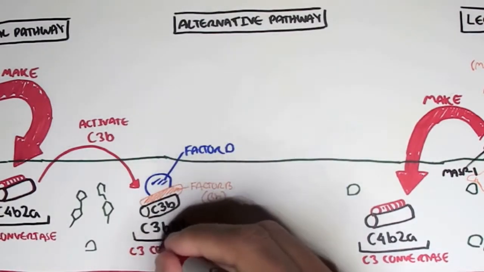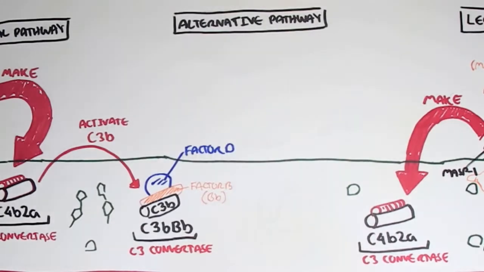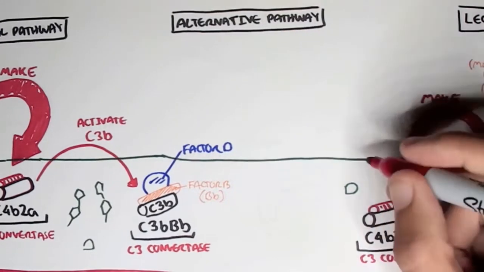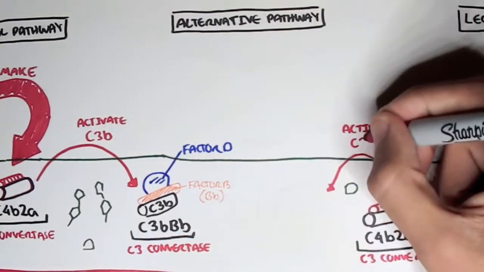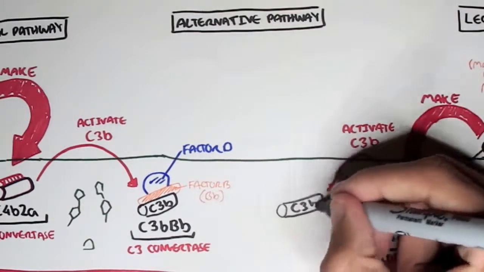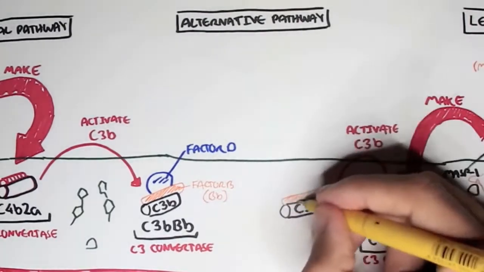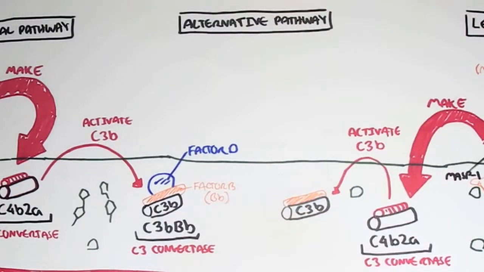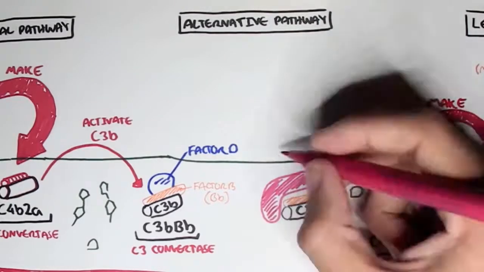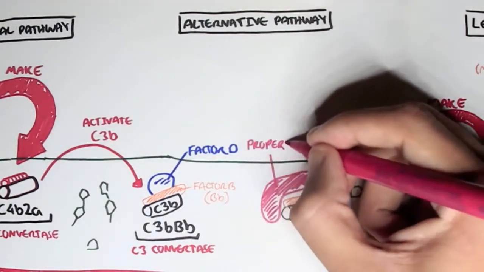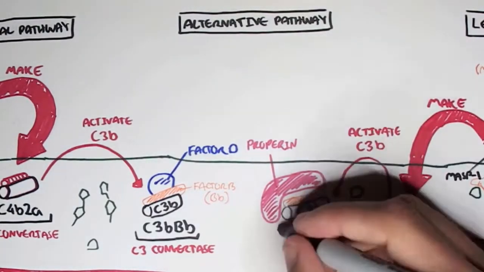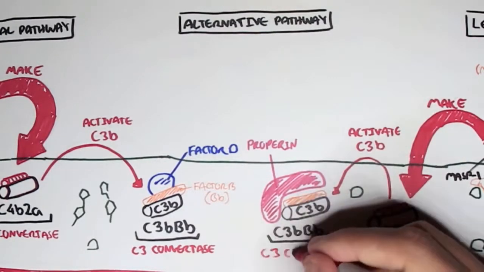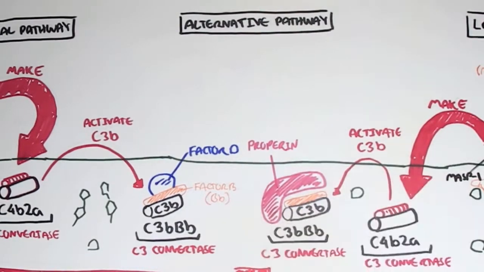This C3 convertase is called the C3bBb complex. The alternative pathway can also form another type of C3 convertase, this time with a protein called properdin. And this complex is known by the same name, C3bBb complex, which is, as I said, a C3 convertase.